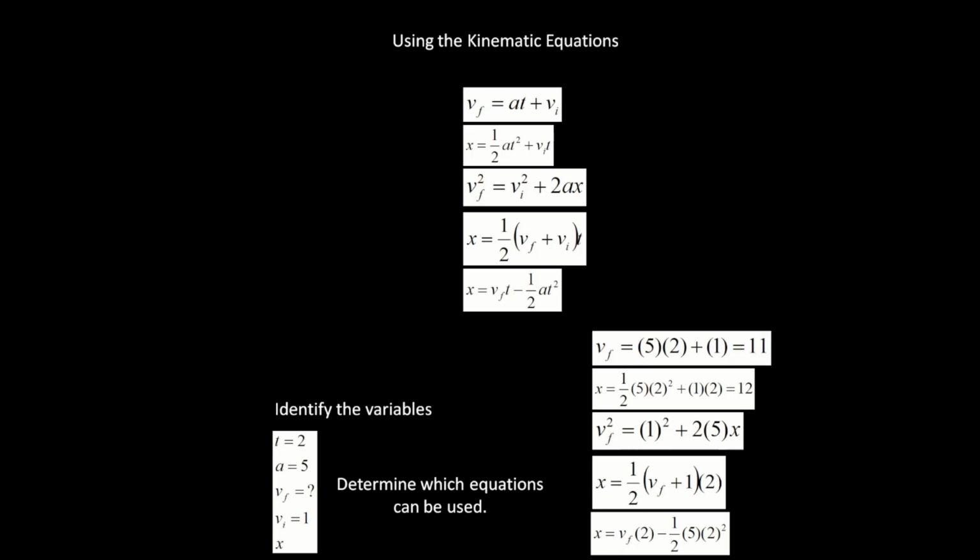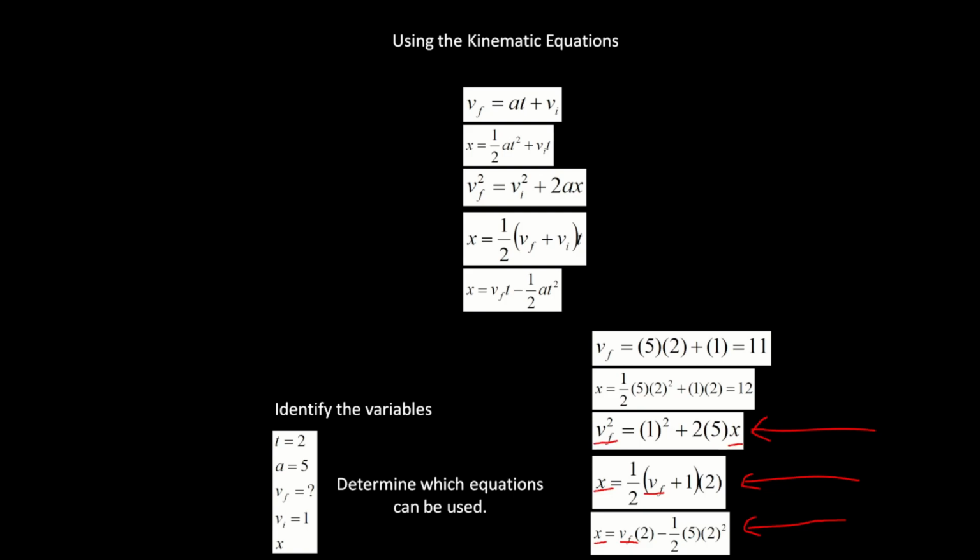So for instance, we can get a final velocity. That one gives us an answer. We can also get a position. That one gives us an answer. But this one does not. This one does not. And neither does this one, because there are too many things unknown in order to solve these equations.